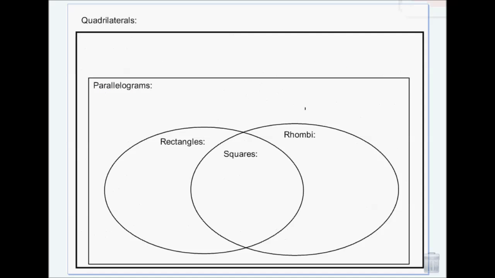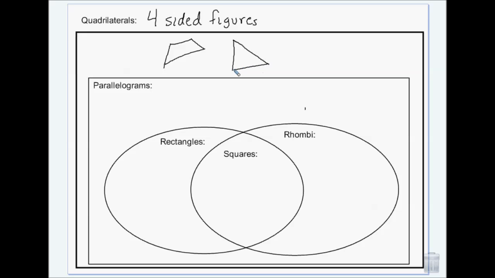Okay, so quadrilateral, any four-sided figure. It doesn't matter what it looks like, it just has four sides, right? So it can be all kinds of funky. This is a trapezoid.